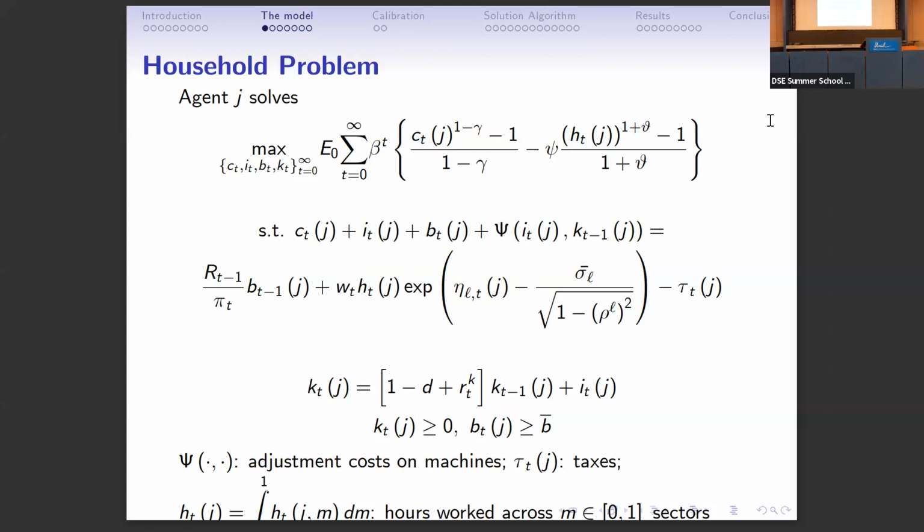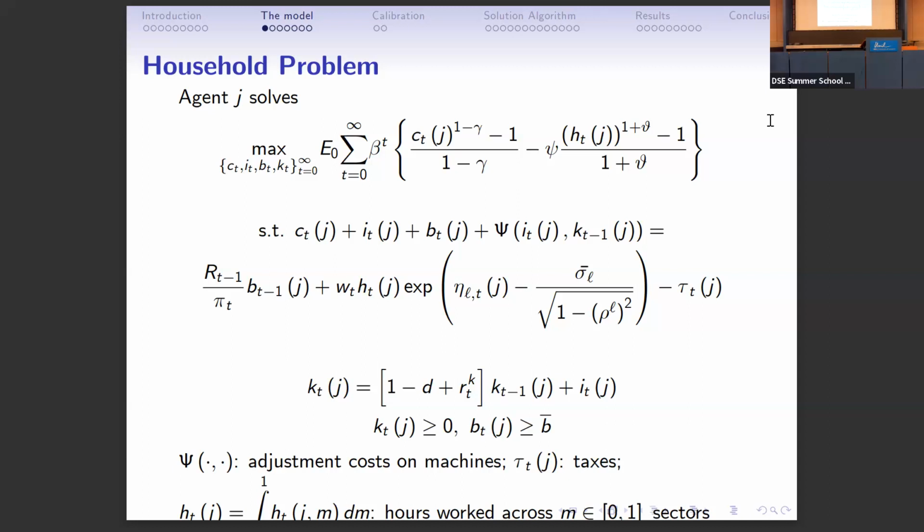Physical capital is subject to adjustment cost, which we model exactly as in Kaplan-Moll-Violante. There is an idiosyncratic productivity shock, we also have a risk shock and an uncertainty shock, and then there are two borrowing constraints.